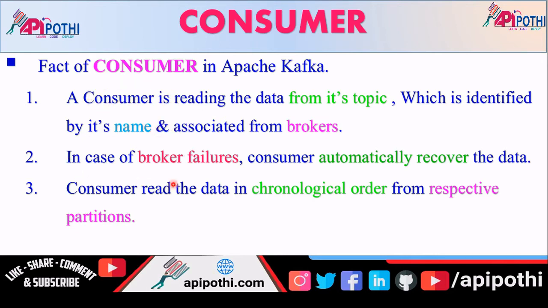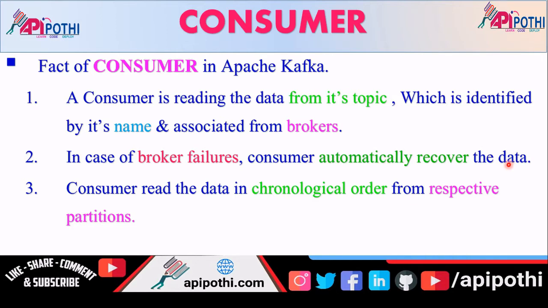Once this happens, meaning your broker went down, the consumer knows how to automatically recover the data. For that we need not write any extra code. Apache Kafka is smart enough to understand how to recover when a broker fails.